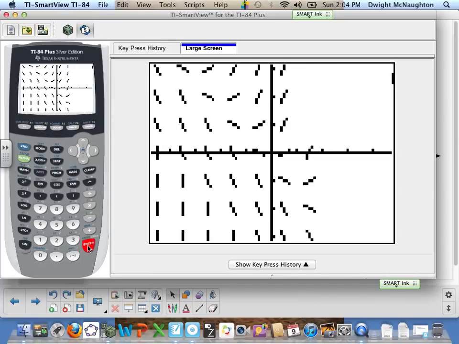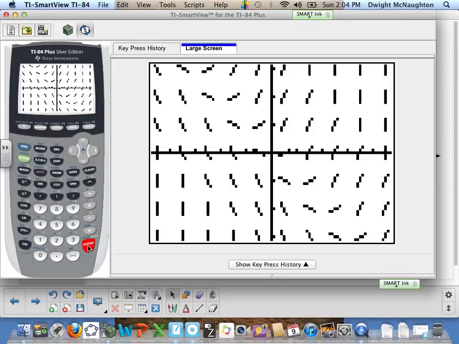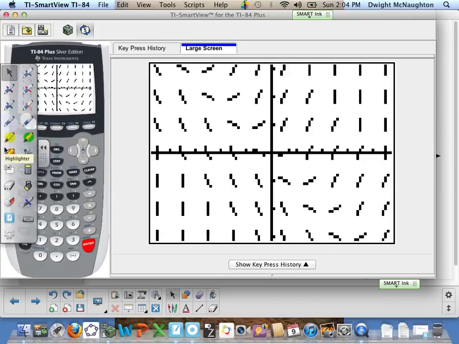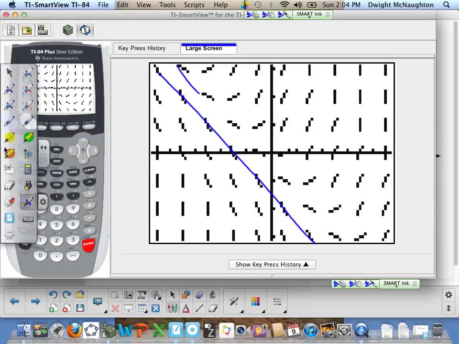So there's our derivative. You can see the general pattern we were starting to develop is developing, where we got right through here, slope of 1, and it's starting to curve off right through here.